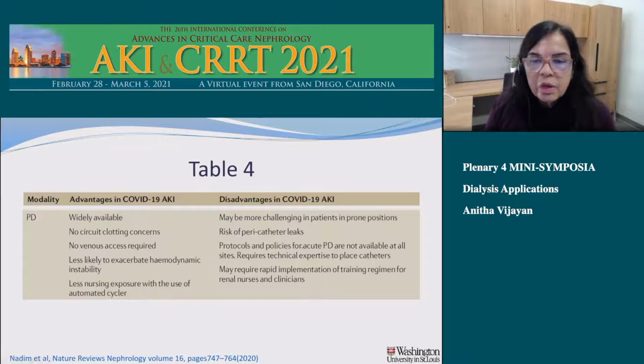And also protocols and policies for acute PD were not available at all sites, and these had to be created and implemented very rapidly. Also, PD was extremely challenging in patients who were on high vent settings and those who were prone. So these were some of the disadvantages of using PD in COVID-19 patients.